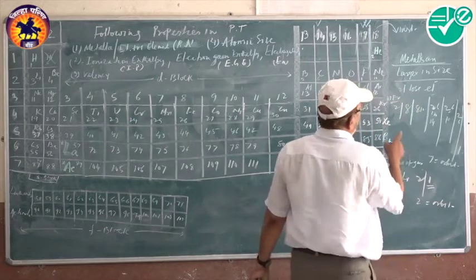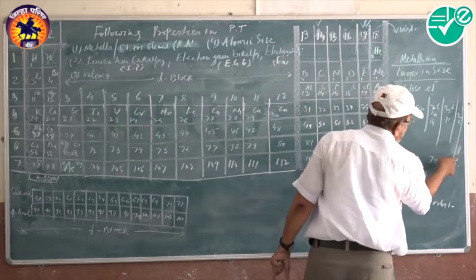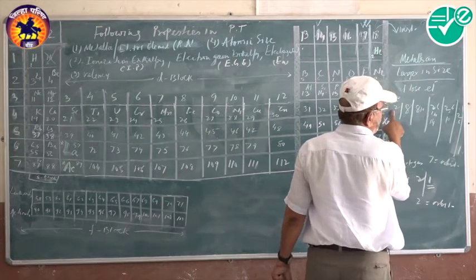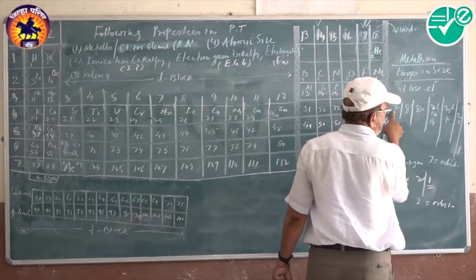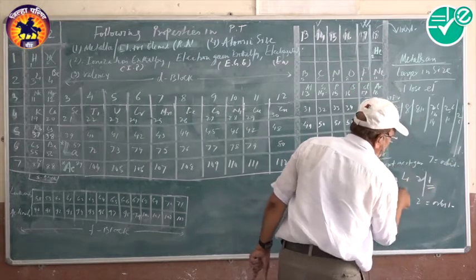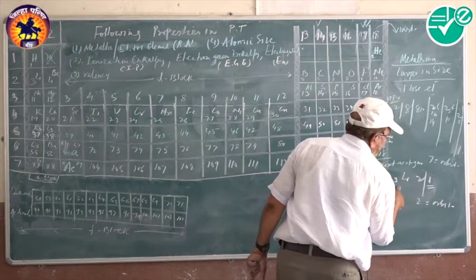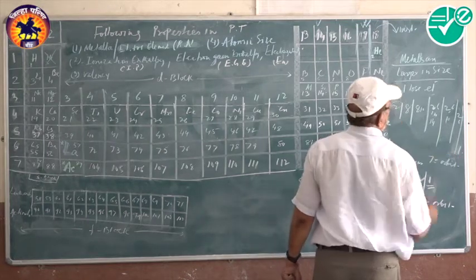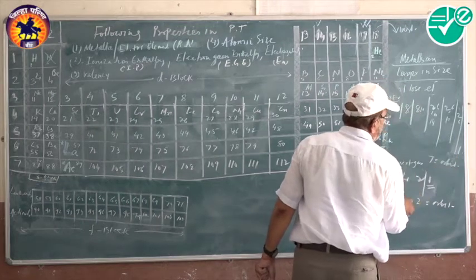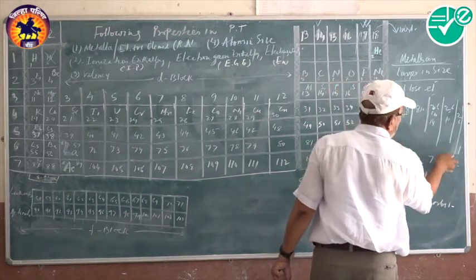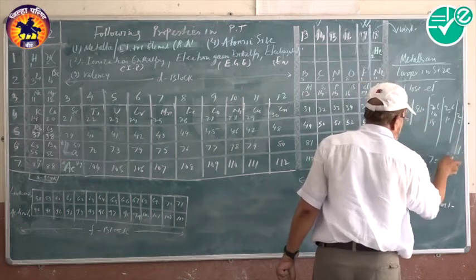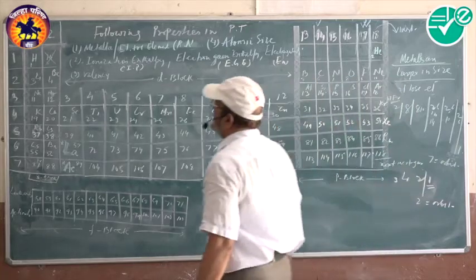Loss of electron from francium is easy because this electron is far from the positive nucleus, 7 orbits apart. But in case of lithium this electron is very close to the nucleus. Therefore, loss of electron in case of francium is easy.